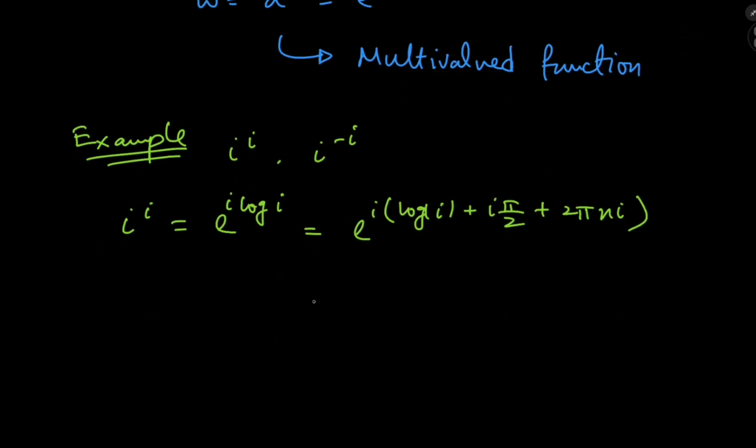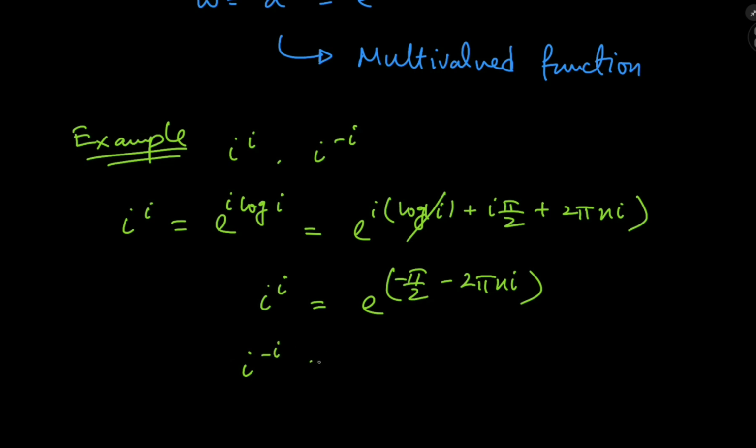So expanding this, I get e to the i times log absolute value i, which is log 1, which is 0. So I have i times i pi by 2. That would be i squared pi by 2, or negative pi by 2, that is, minus 2 pi n times i, correct? So that is what i to the i looks like.